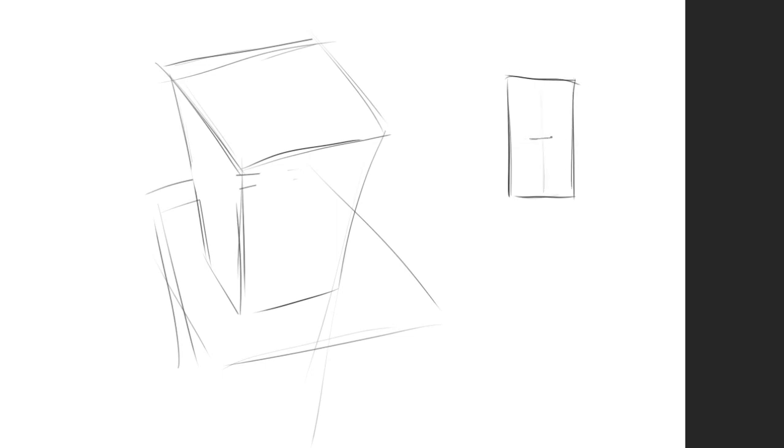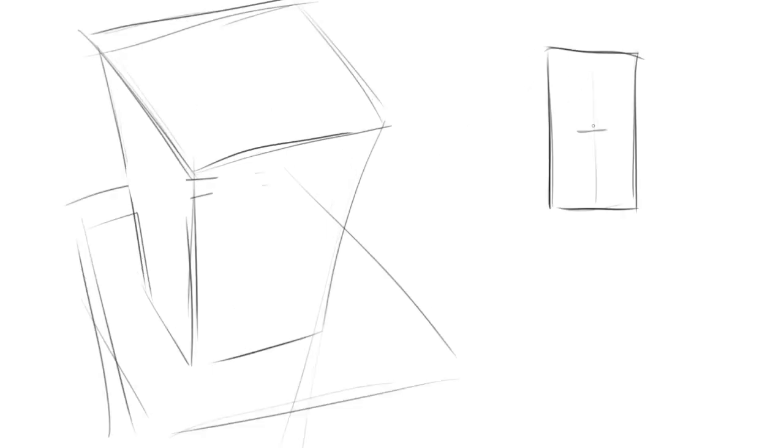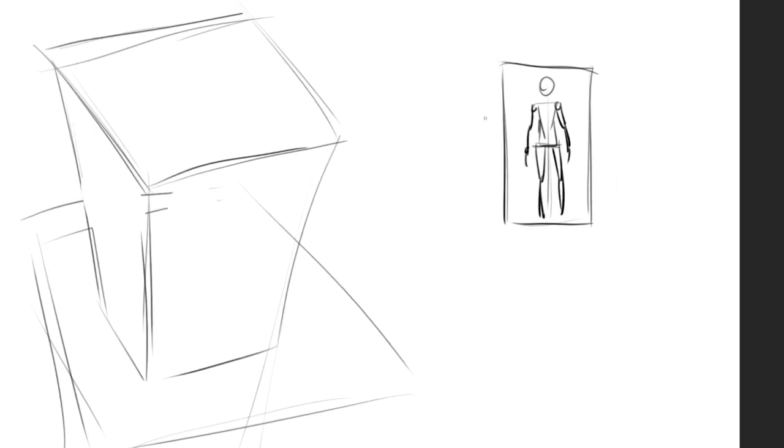So what I'm going to do is build a figure in here, okay? Just going to do this basic mannequin, like I've shown you guys many times. And let's see. I'll actually put the head right there, so we can be simple.